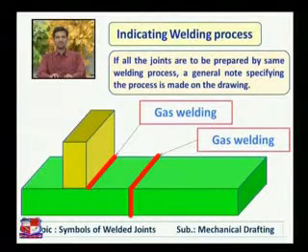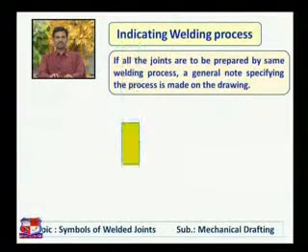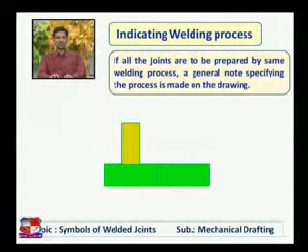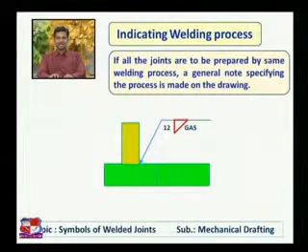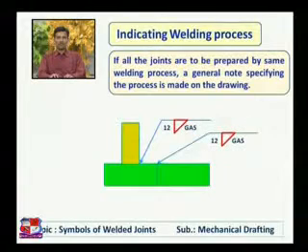If both these joints are made with gas welding, draw this and write like this, 12 gas, 12 gas. It means that this connection is made with gas welding.